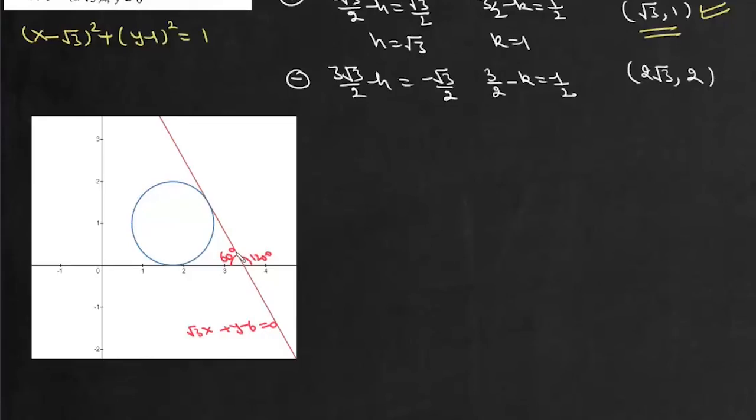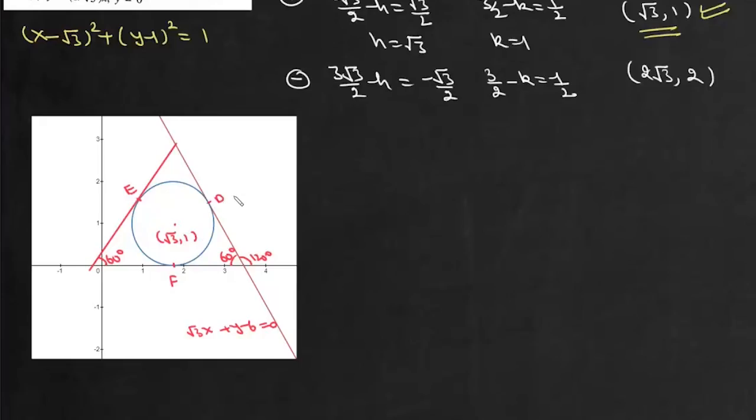So one of the sides will be the x-axis, and we'll have this other side here, which is going to make an angle of 60 degrees. So we have to find these 2 points. Now say this is E and this is your point F. Now the center of this circle is at root 3, 1.